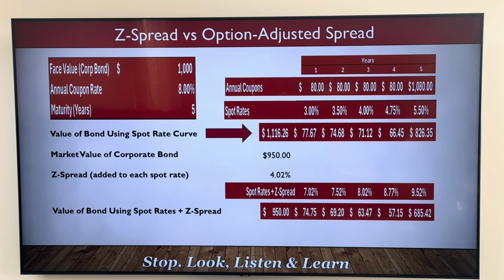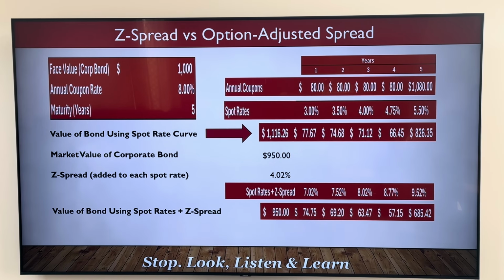So based on that set of facts, the annual coupons would be $80. So each year the issuer of the bond would make an interest payment of $80 during each of those 5 years that the bond is outstanding. Then at the end of the 5th year, when the bond matures, the issuer will repay the $1,000 principal so that the cash flow in year 5 would be $1,080, right?